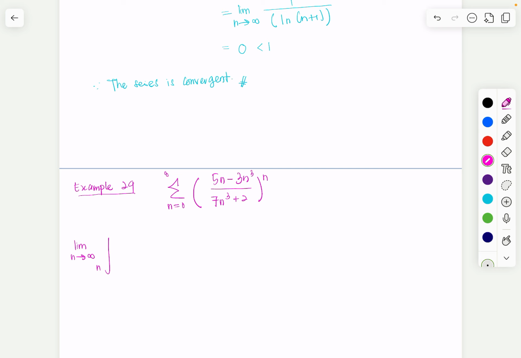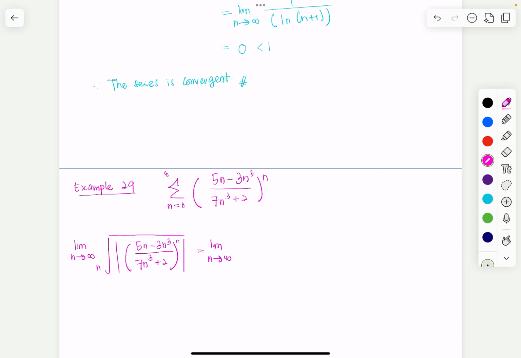So we have the nth root of the absolute value of 5n minus 3n cubed over 7n cubed plus 2, to the power of n, and then we close the absolute. Okay, this one can be simplified.